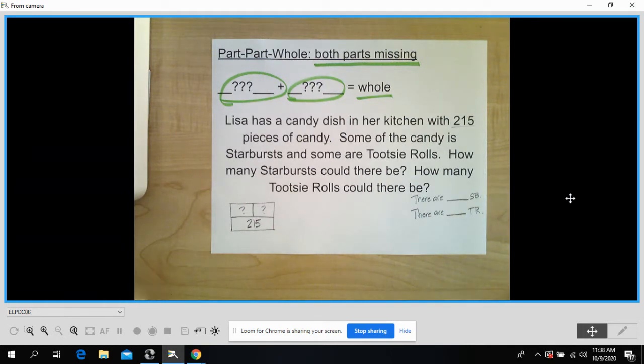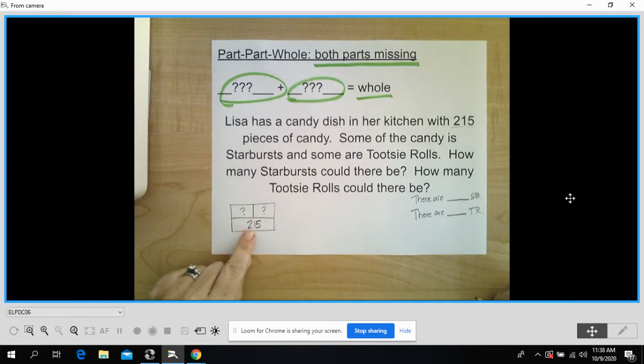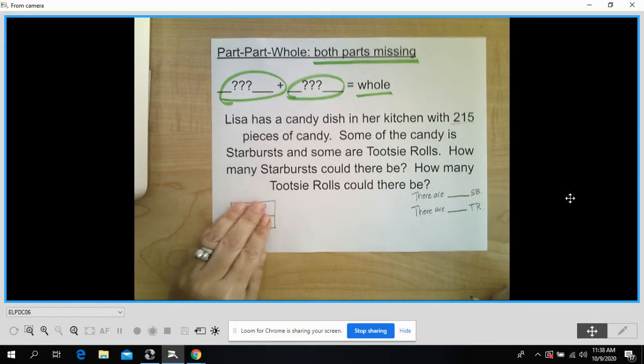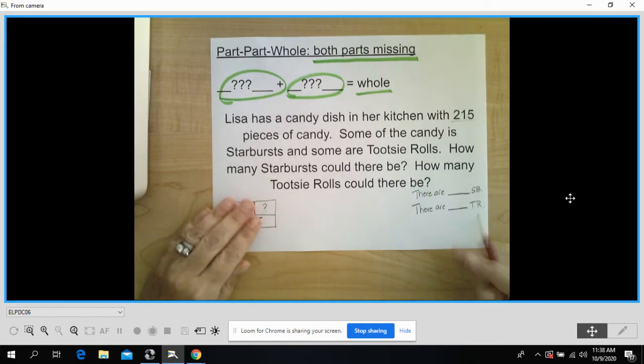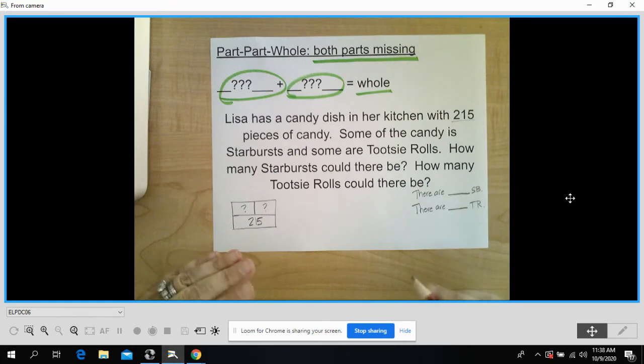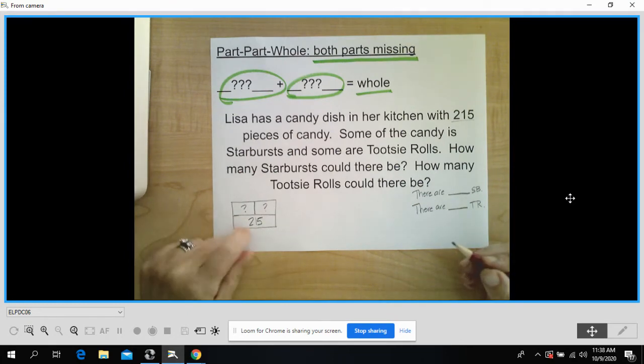When you're missing both parts, like I said before, it just means that there's more than one answer. So I want to step away from the numbers in the problem really quickly and let's do this with a smaller number, and then we're going to come back to this one.